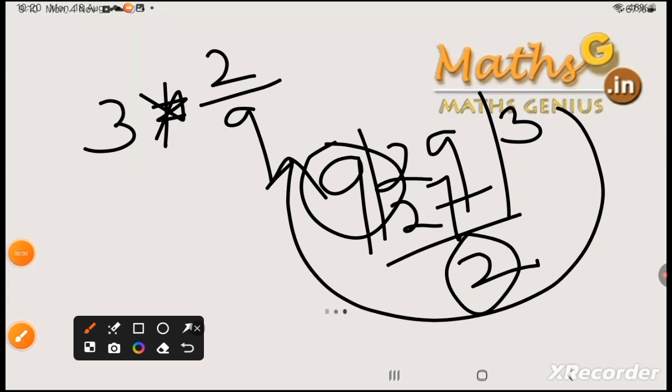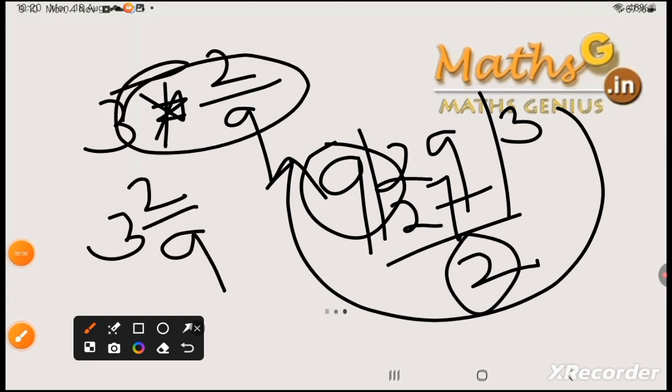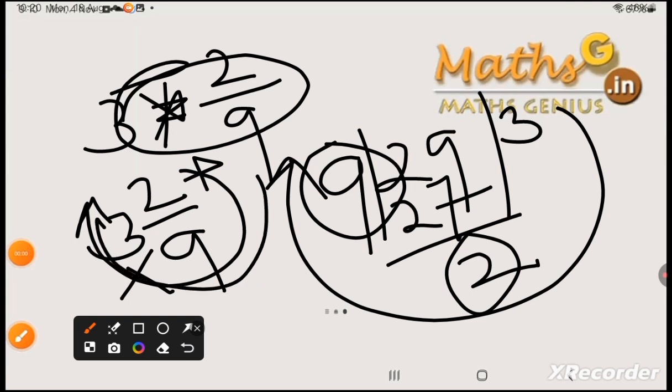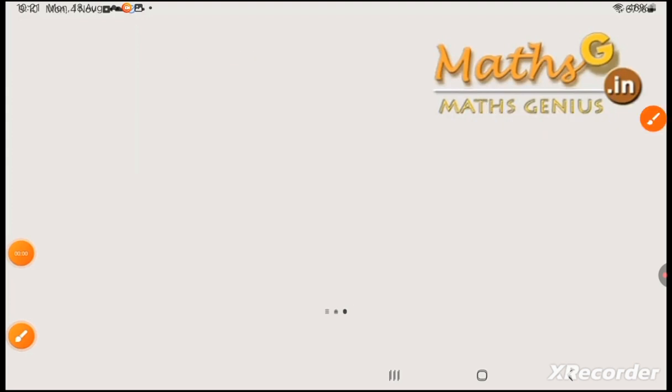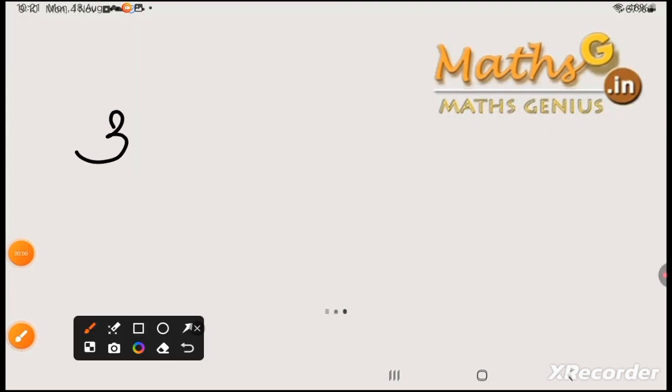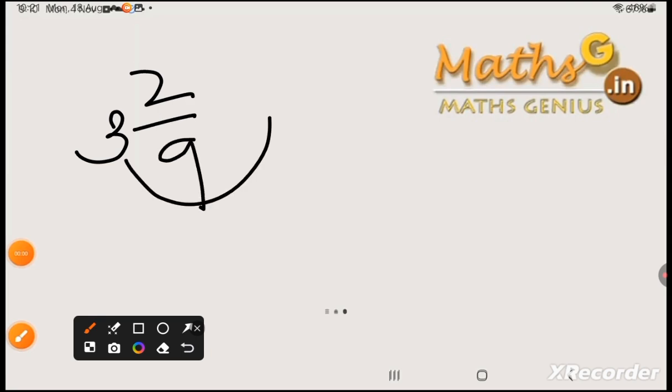By mistake I put it wrong, so let me write it once again: 3 whole 2 by 9. This is the mixed fraction. So how would you get the improper fraction? Here there is a multiplication, here there is an addition.